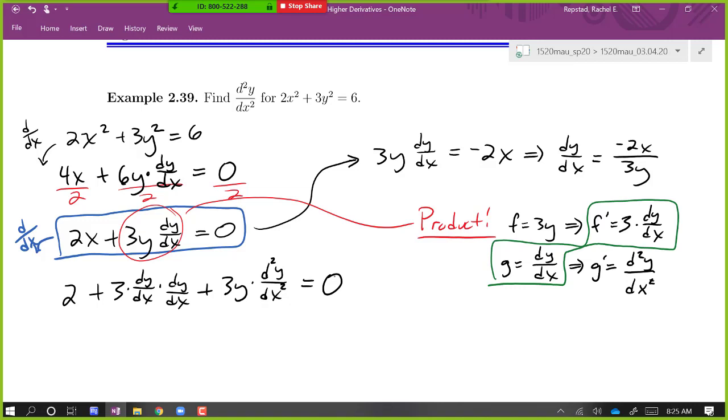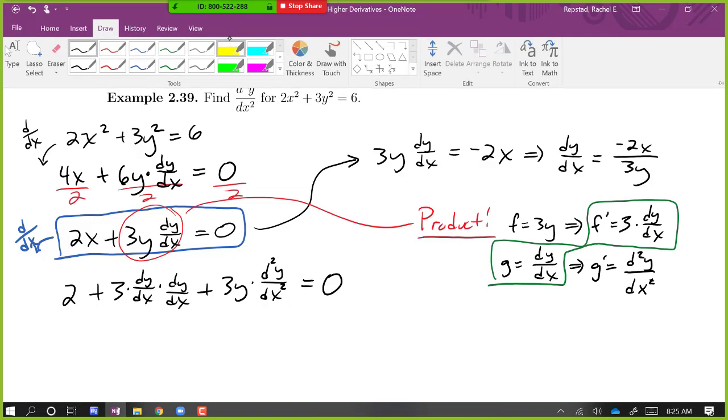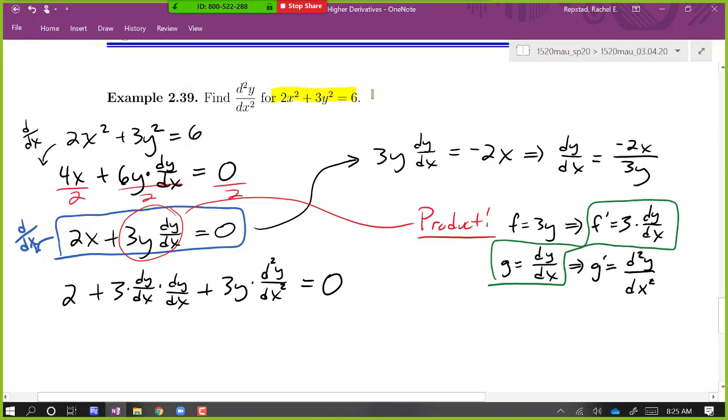Now here's the thing. If I'm starting out with an equation that has just x's and y's, and if it's possible to find the first derivative with just x's and y's, it should be possible to find the second derivative with just x's and y's, right? Not x's and y's and dy dx.